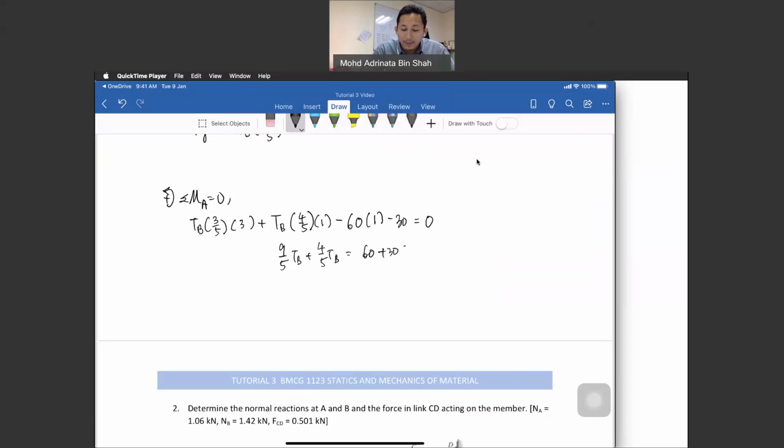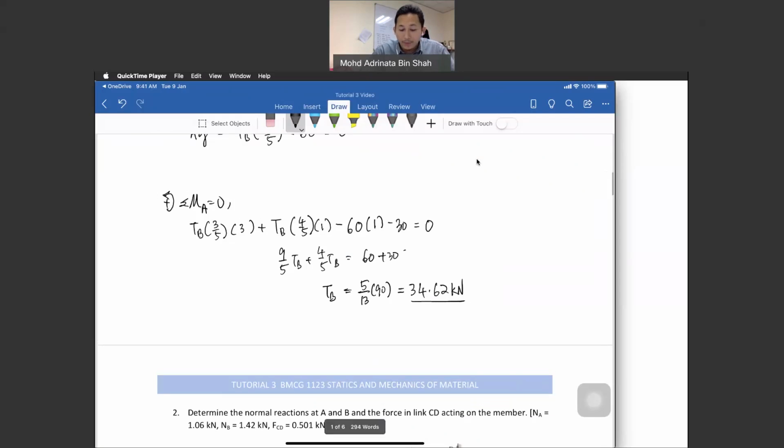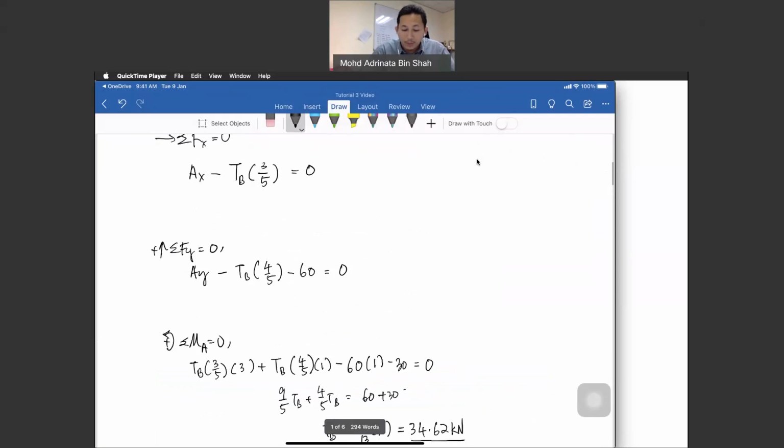So we have 13 over 5 TB. Bring it there, 5 over 13 times 90 equals to 34.62 kilonewton. So TB 34.62 kilonewton we use in our equation.